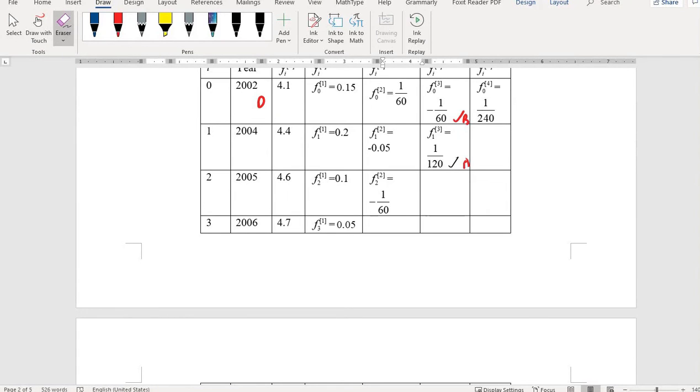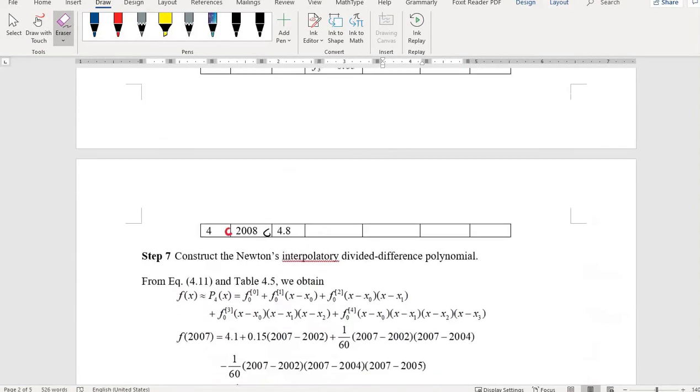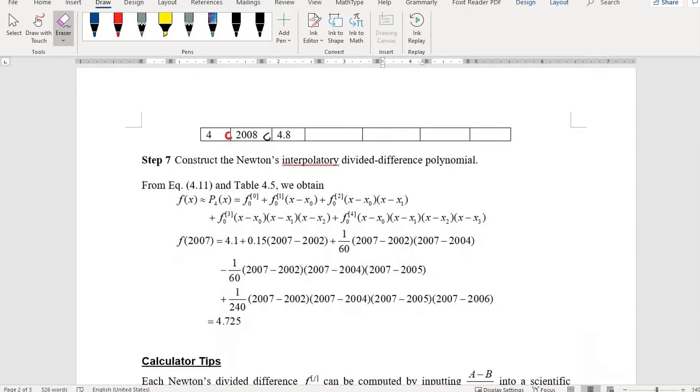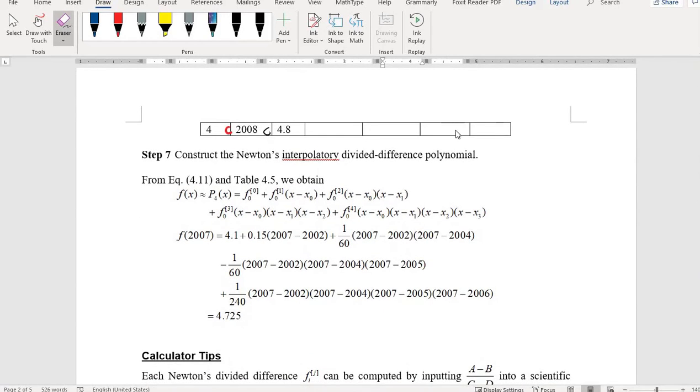After we build the Newton divided difference table, our problem is to find the value of carbon dioxide emission Y in 2007. We already built the table, and then we construct the Newton divided difference polynomial. Fx is approximately equal to, up to the 4th level, a polynomial of degree 4.